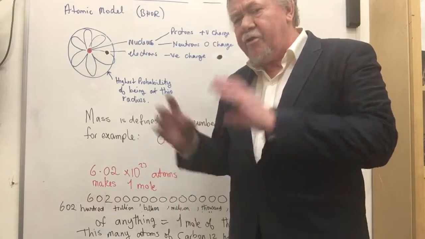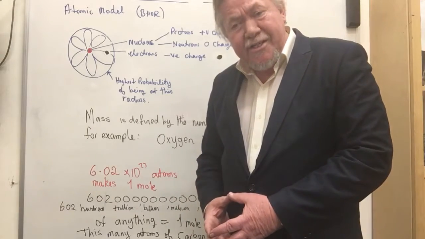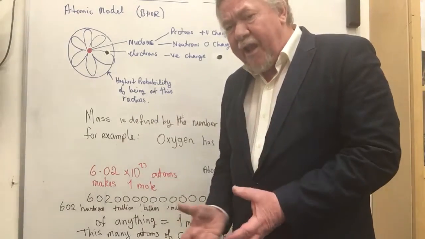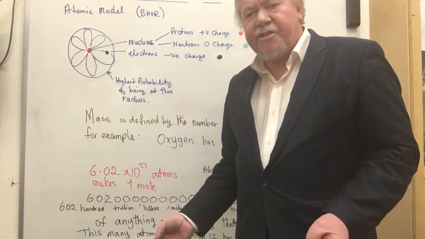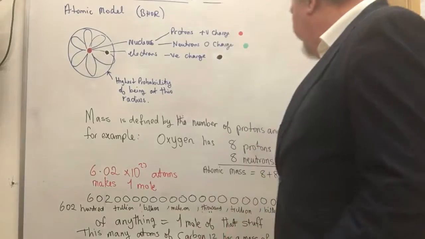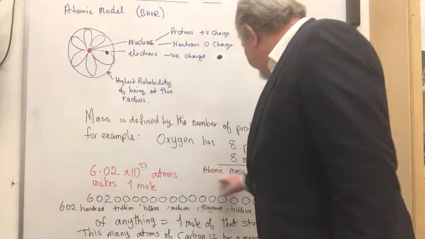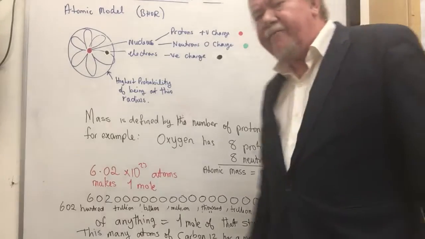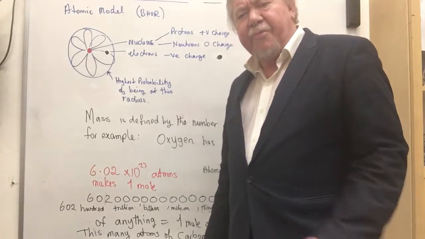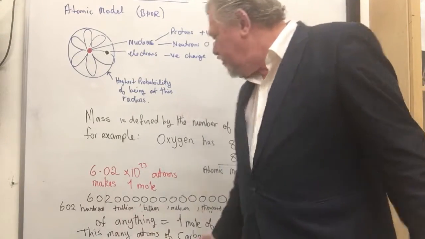Like I said, the 8 electrons around it, which it will also have, are negligible in terms of how much there is. Okay, so atomic mass is 8 plus 8, so we have 16 grams for every mole. Now that begs the question, what is a mole?